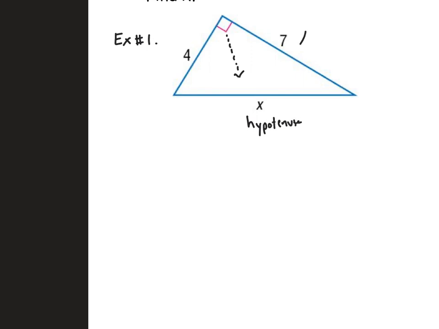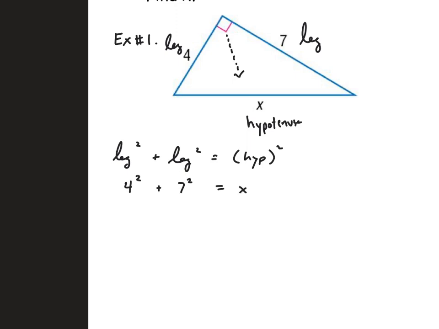So it means 7 is a leg, and that means 4 is a leg. So I'll come down here and I will say leg squared plus leg squared equals that hypotenuse squared. So plugging in the numbers, I get 4 squared plus 7 squared equals x squared.